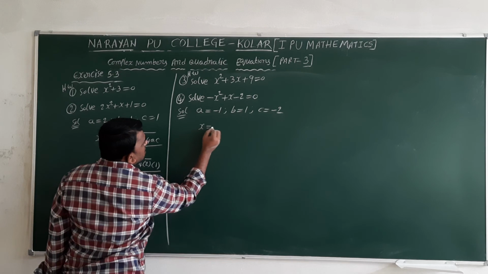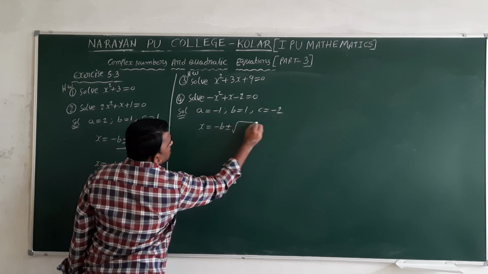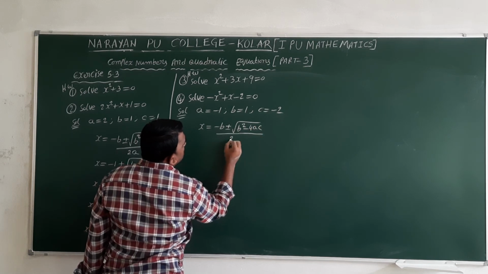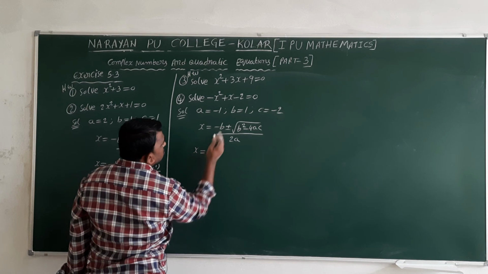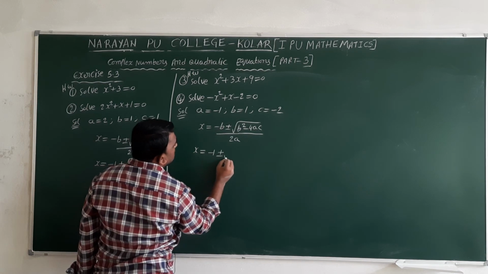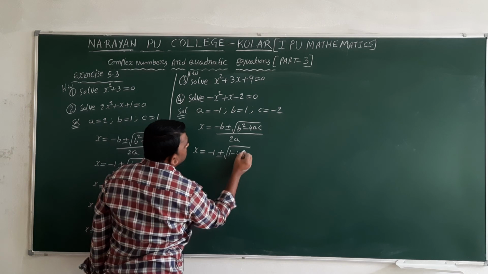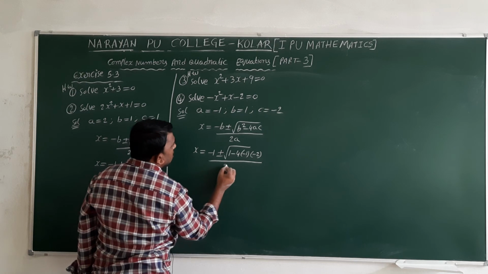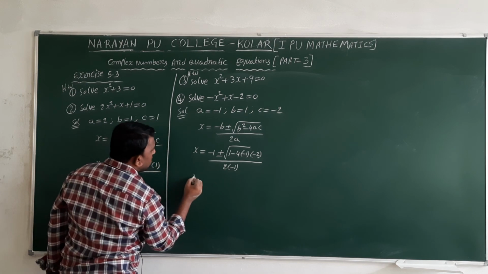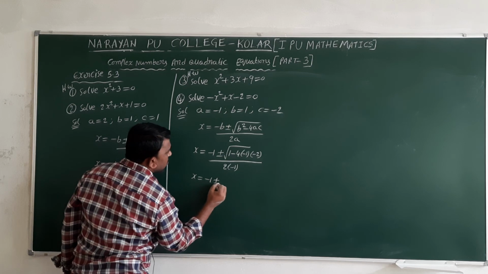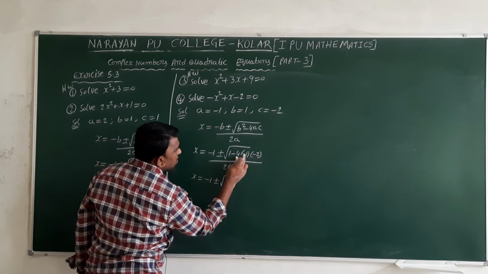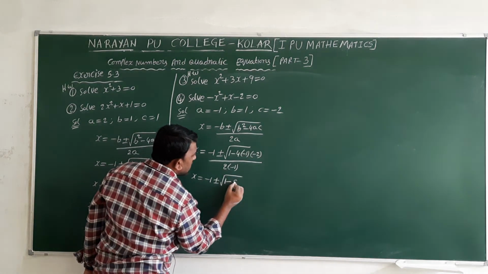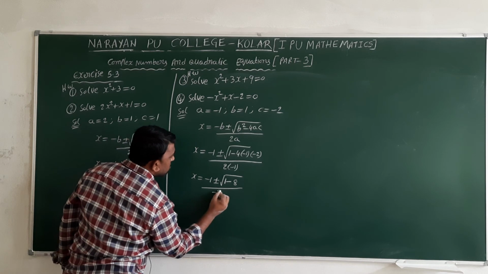So the solutions are minus b plus or minus square root of b square minus 4ac by 2a. x equal to minus b, minus 1 plus or minus square root of b square is 1, minus 4 into a value minus 1, c value minus 2, whole divided by 2 into minus 1. x equal to minus 1 plus or minus root over 1, minus into minus, plus, 4 into 2 is 8, by minus 2.